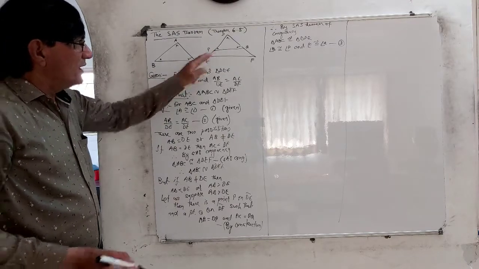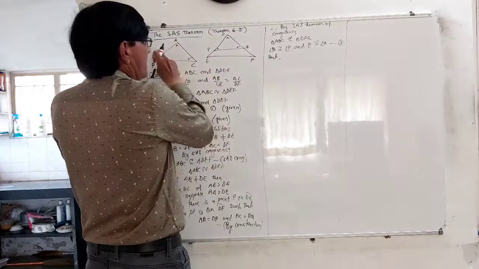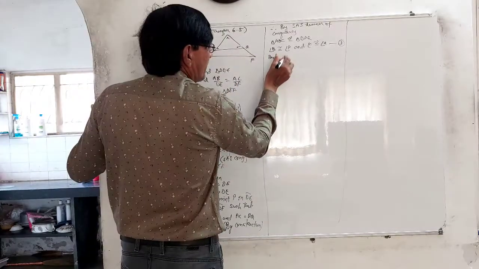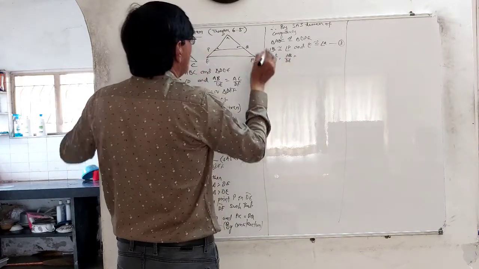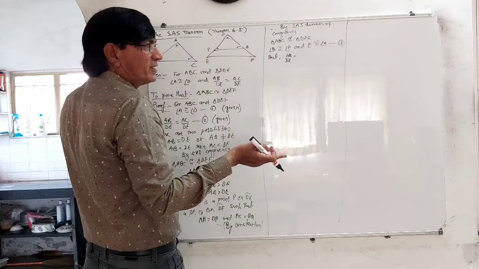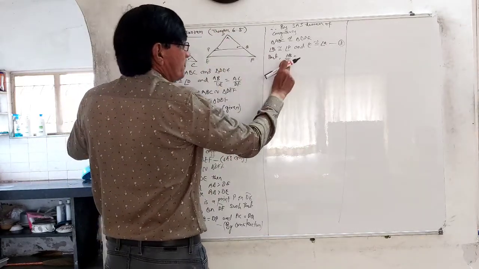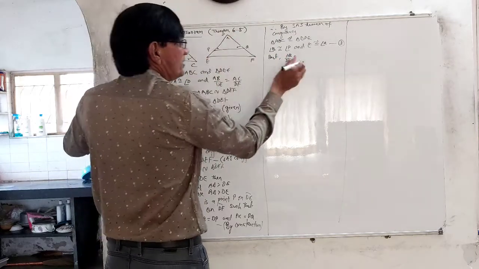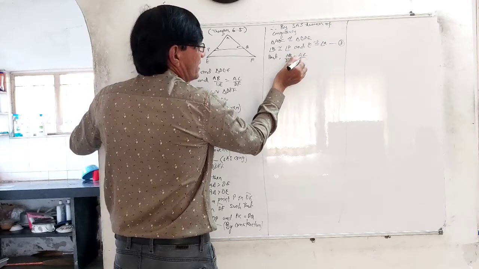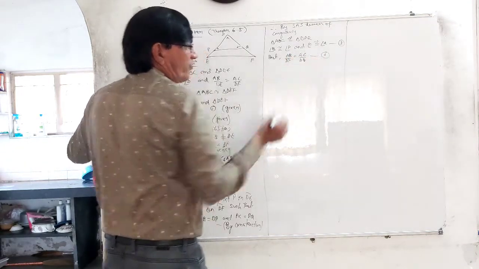But the triangles are similar, so AB upon DE is equal to AB upon DP, is equal to AC upon DQ. Let this be result number 4.